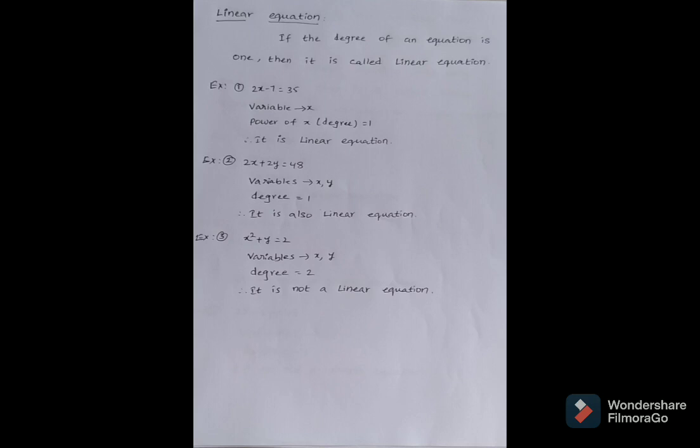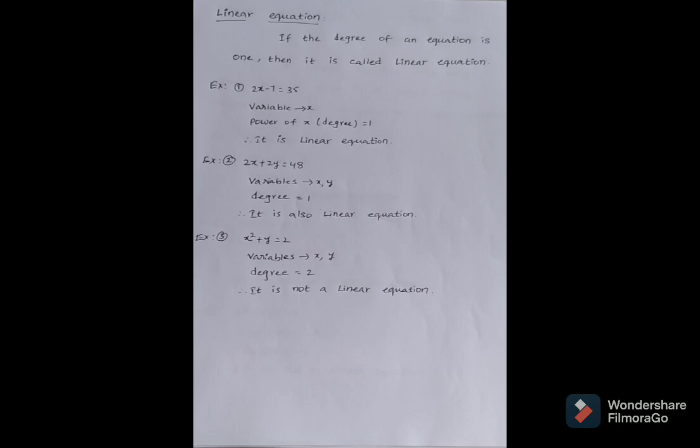One more example. x square plus y equals 2. Here the variables are x and y. The expression is x square plus y. In this expression, first term x square. So power of x equals 2.